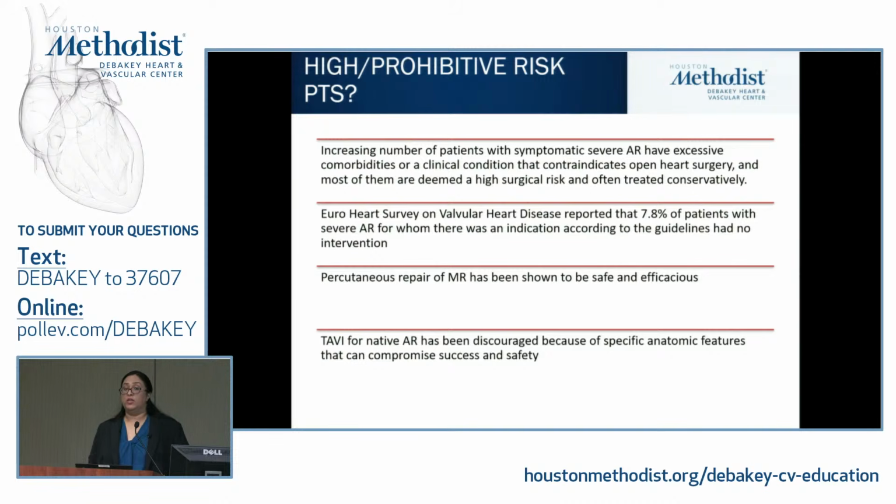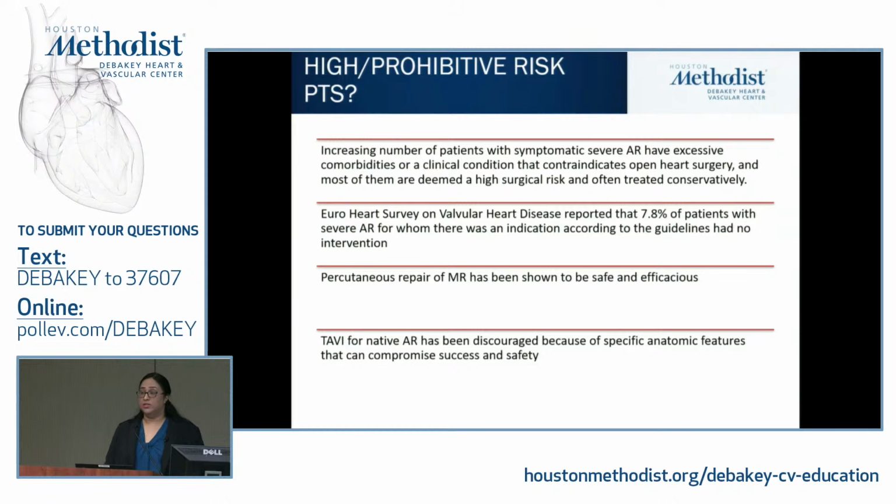What about patients with high or prohibitive surgical risk, like our patient? So there's an increasing number of patients with symptomatic severe aortic regurgitation who have excessive comorbidities or clinical conditions that contraindicate open heart surgery, and then they are declined or managed conservatively, especially if they have aortic regurgitation.